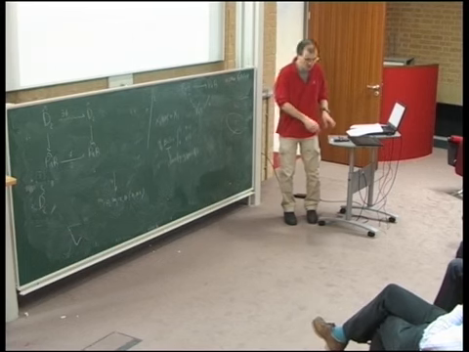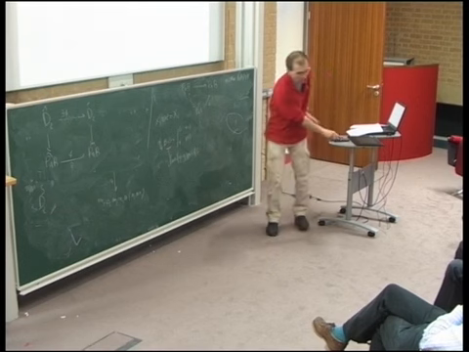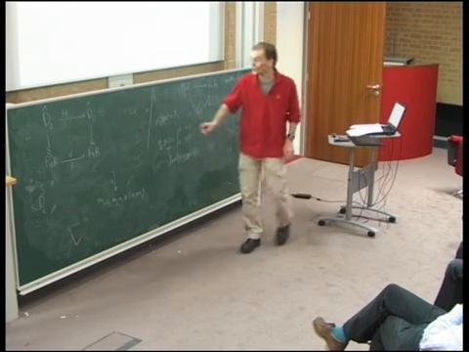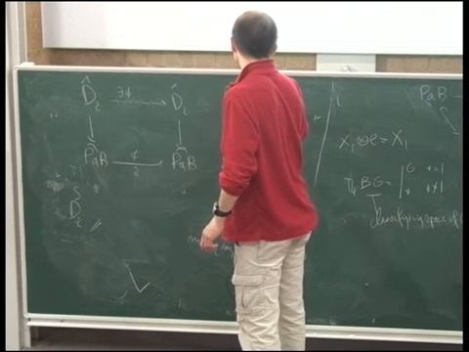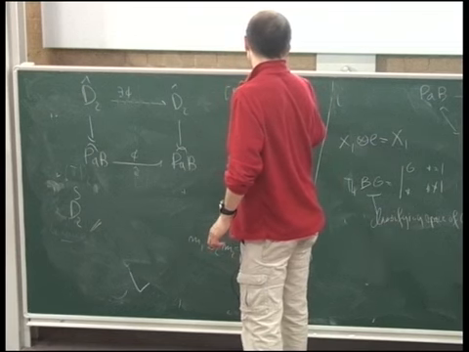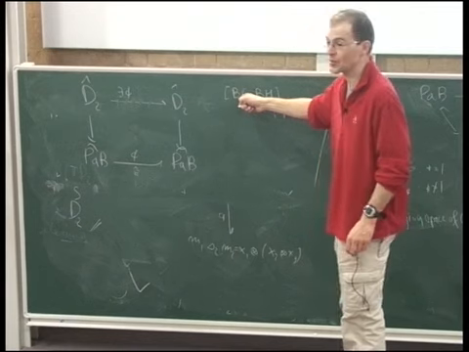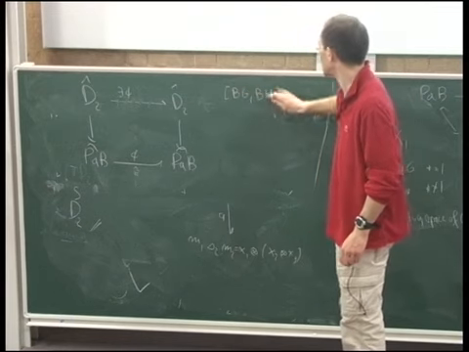Okay. Maybe what I just want to say is that in general in topology it's considered to be easy to compute the homotopy classes of maps from the classifying space of a group to the classifying space of another one.